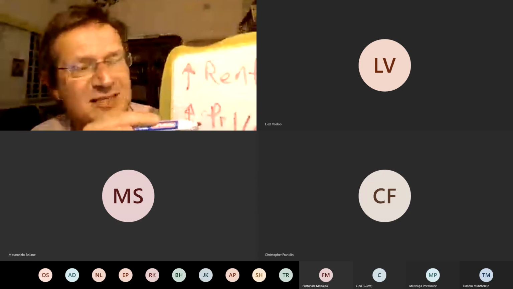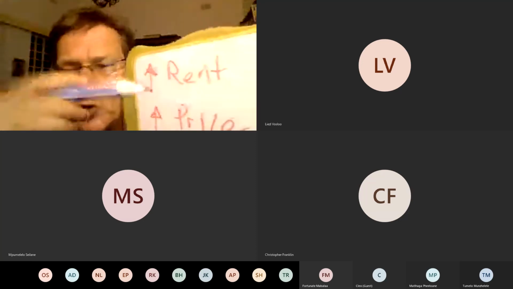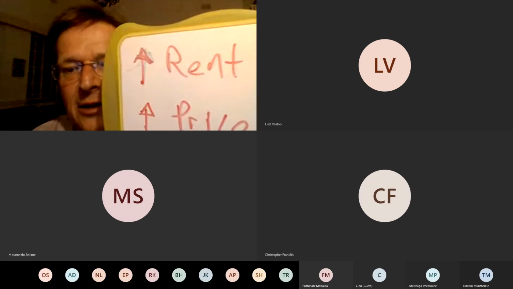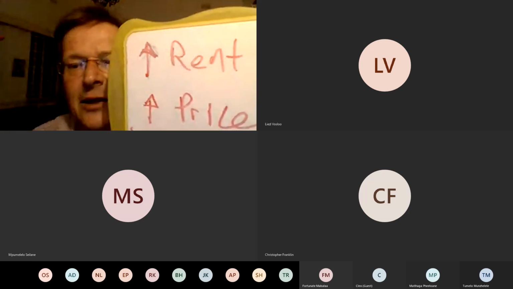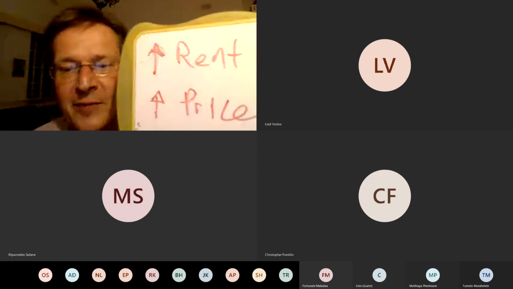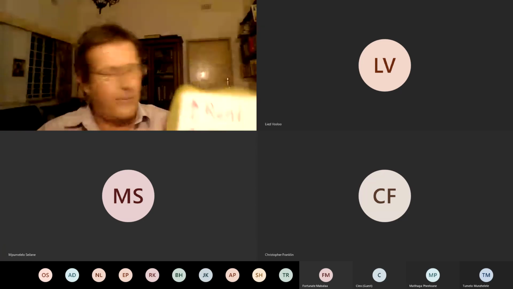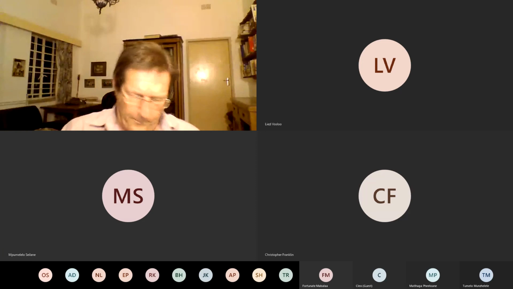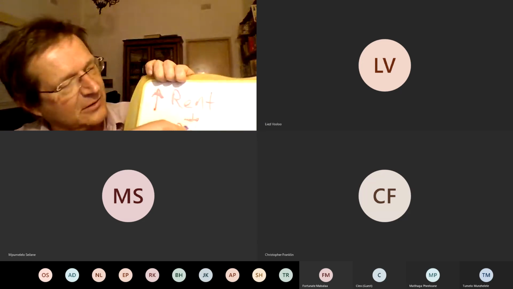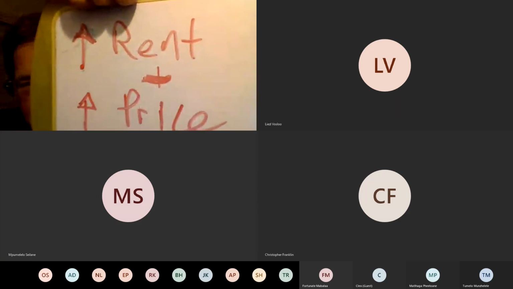Adam Smith would say the price is high because the rent is high, because labor expenses are high, because input costs are high, because rent is high. So rent is feeding into high prices. But Ricardo said the opposite. Okay, so we got this causation from high rent to high price.